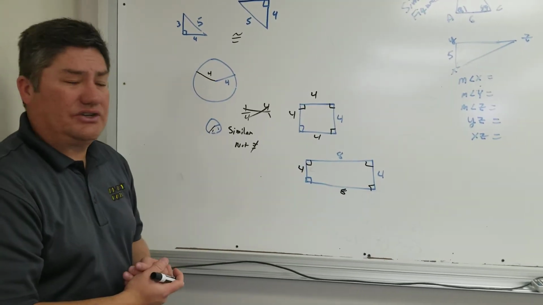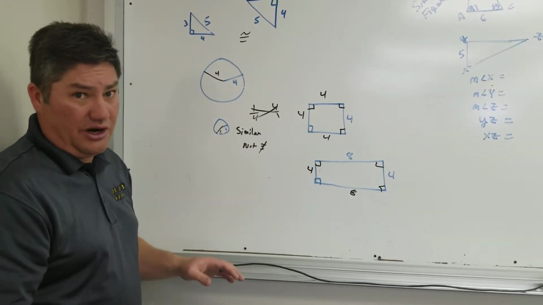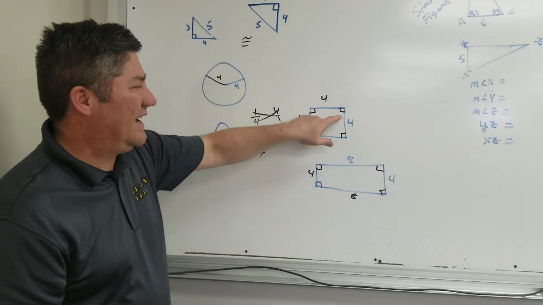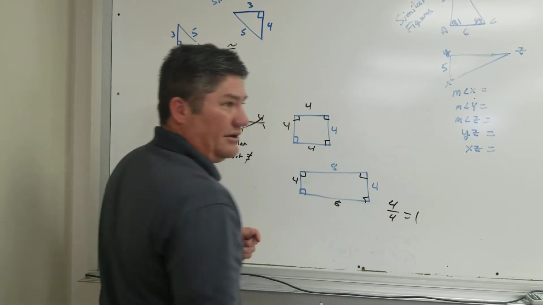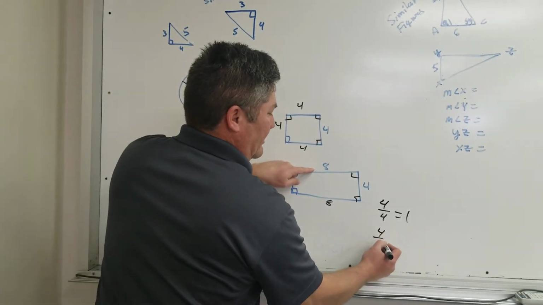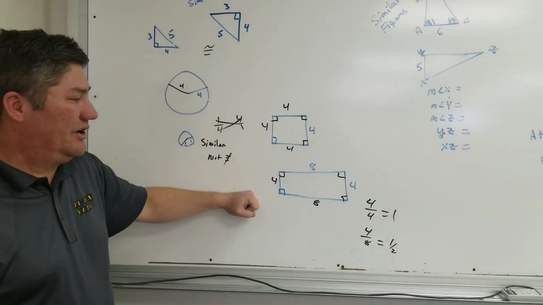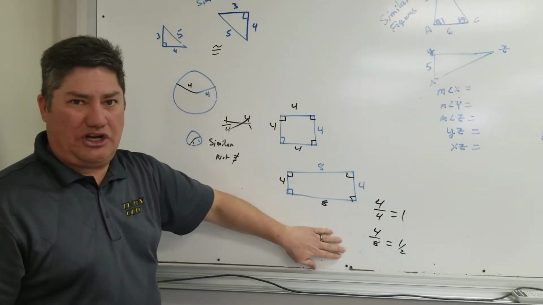Are these figures similar? Well, a lot of kids would say yes because of the angles, like I mentioned. They're wrong. The reason is that if you look at the corresponding sides, these sides, 4 to 4, would give you a ratio of 1. But these sides, 4 to 8, would give you a ratio of 1/2. If they are truly similar, all side lengths would have to have the same ratio.